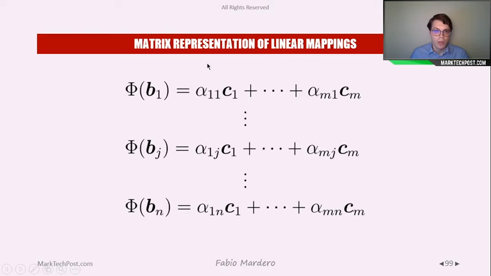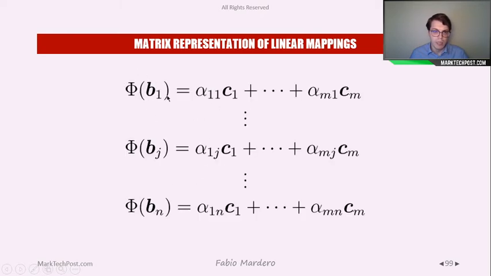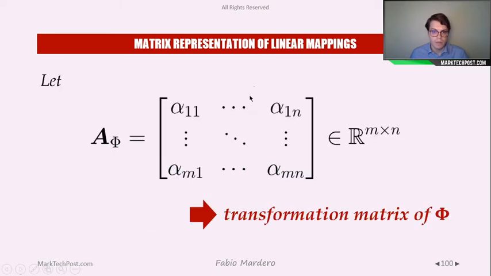So we can write all these coefficients in a matrix, which will be called the transformation matrix of phi, because it depends on the linear mapping between the vector spaces V and W. Please notice that here each phi of b_j, our generic phi of b_j, is a column.